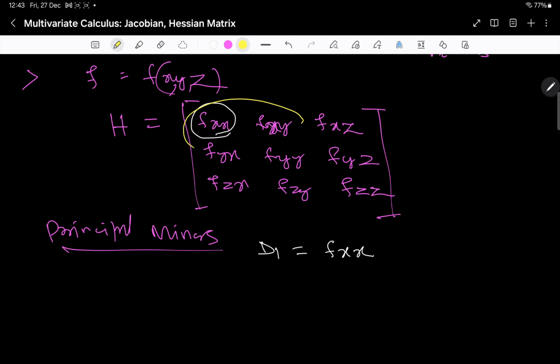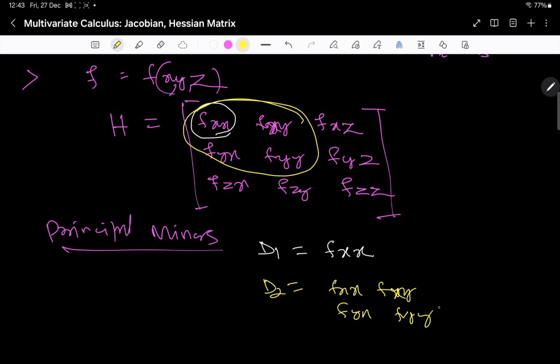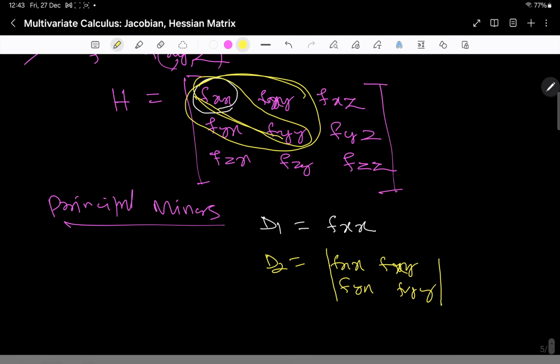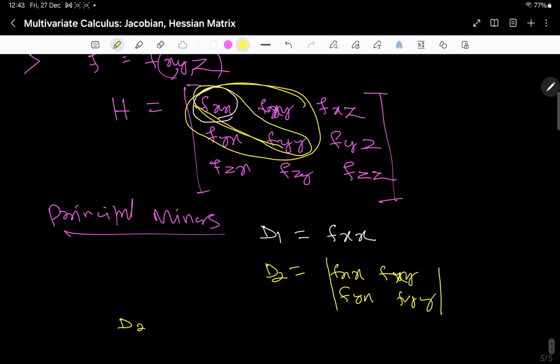D2 will be the second order principal minor: the determinant of fxx, fxy, fyx, fyy. Keeping this diagonal fixed, we take the submatrix and find the determinant. If I ask you what is D3 here, D3 will be the total determinant, keeping this diagonal fixed: fxx, fyy, fzz.